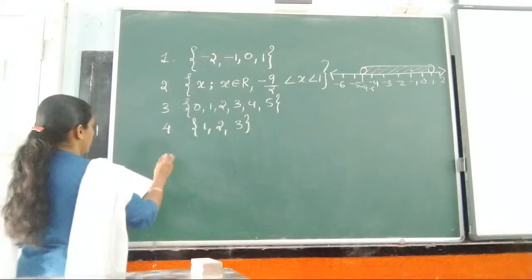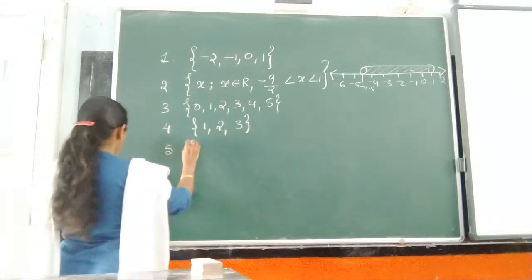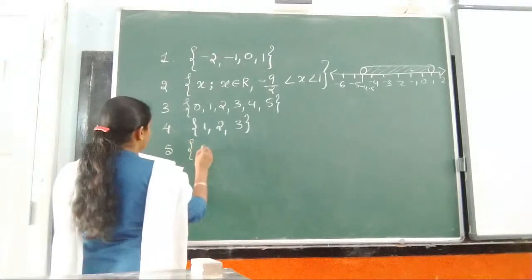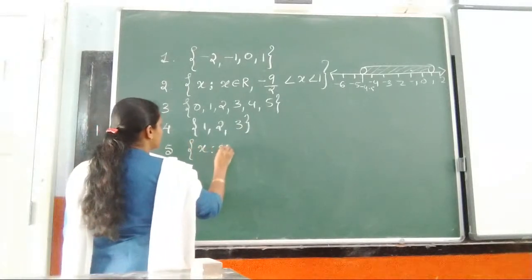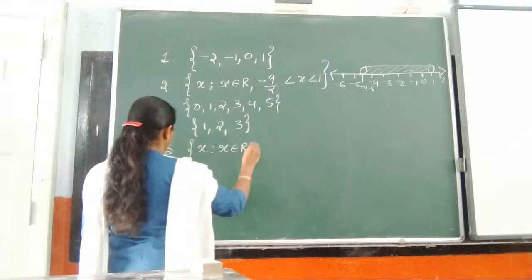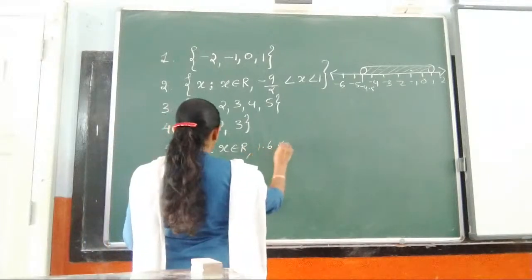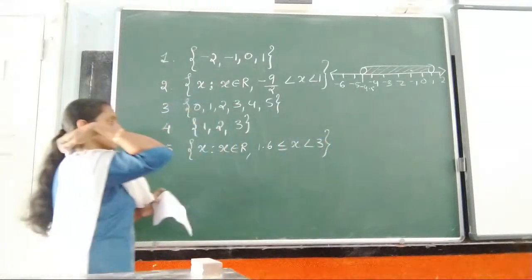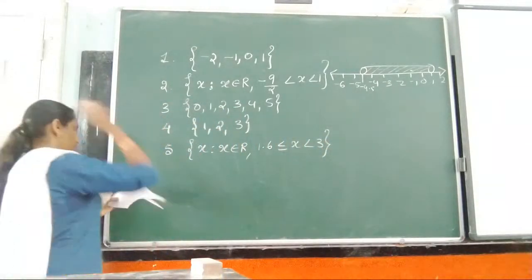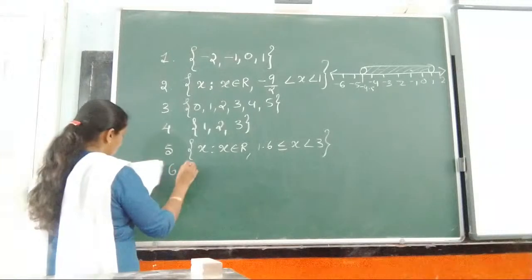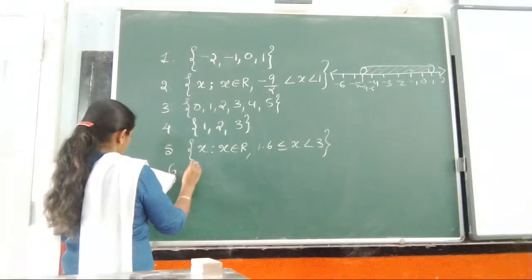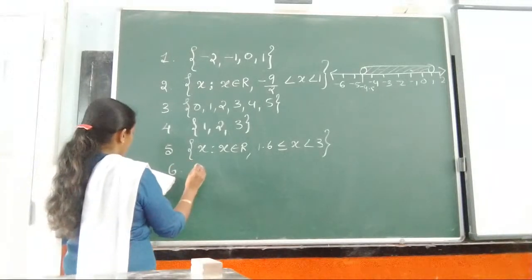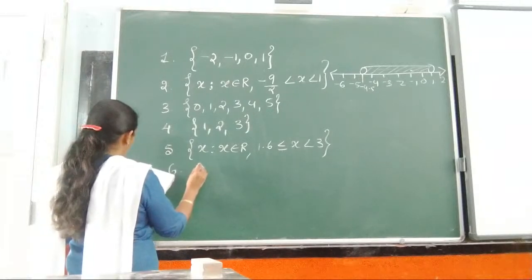And the fifth question, again the set of real numbers, so it will be in set builder form: 1.6 less than or equal to x less than 3. Listen, where it is included and where it is excluded, you have to mention that. And the sixth question, x belongs to real numbers only is given.